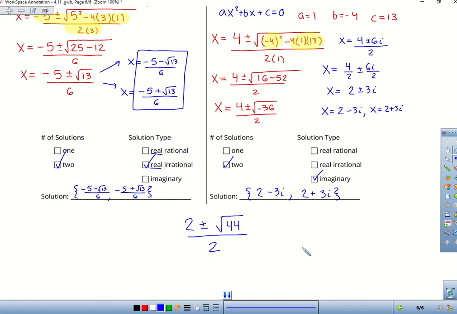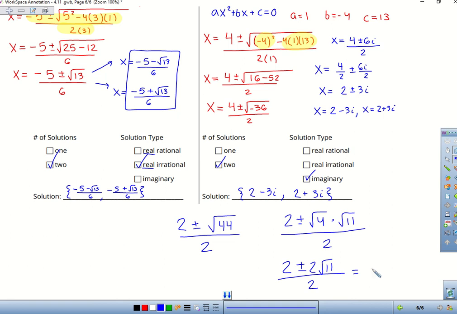Now, here's how you would simplify this. That becomes radical 4 times radical 11, right? What is the square root of 4? 2. So that's 2 radical 11. So 2 plus or minus 2 radical 11 over 2.